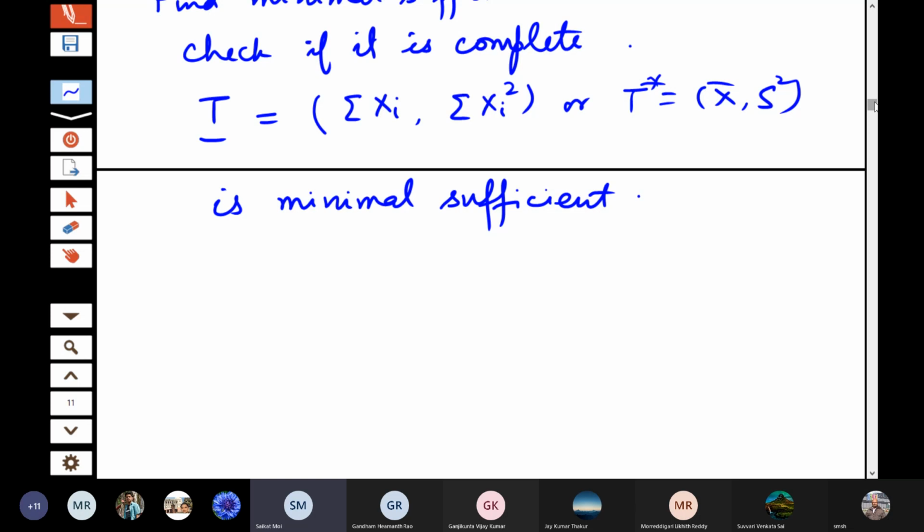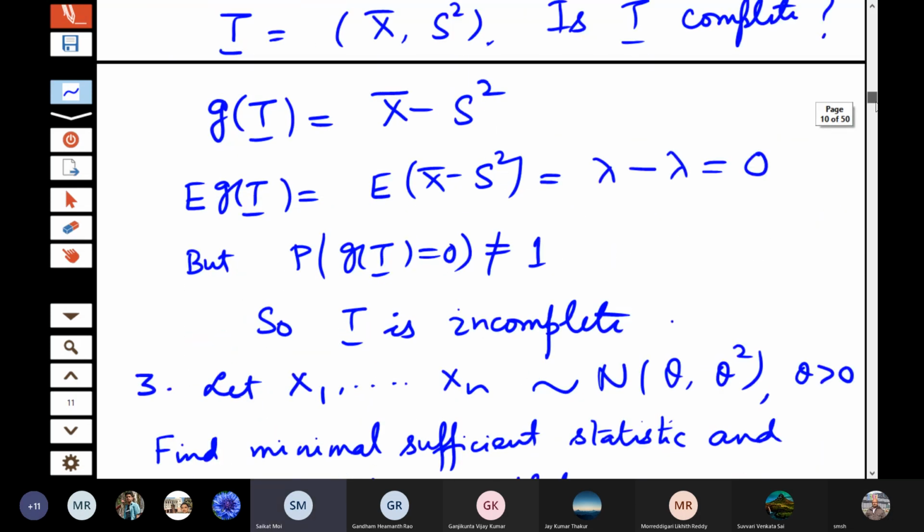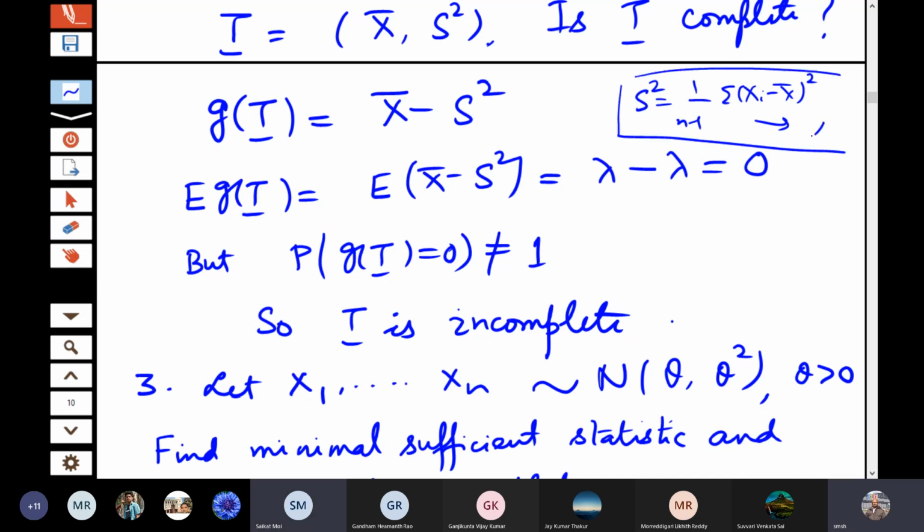Sir, in the previous question, the expectation of S square was n by n minus 1 lambda, right? No, S square is 1 by n minus 1 sigma of xi minus x bar square. That is unbiased for the population variance, which we have shown earlier in general. So this is unbiased for lambda.